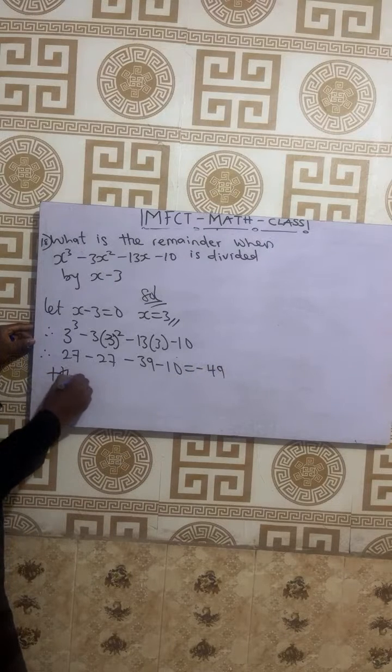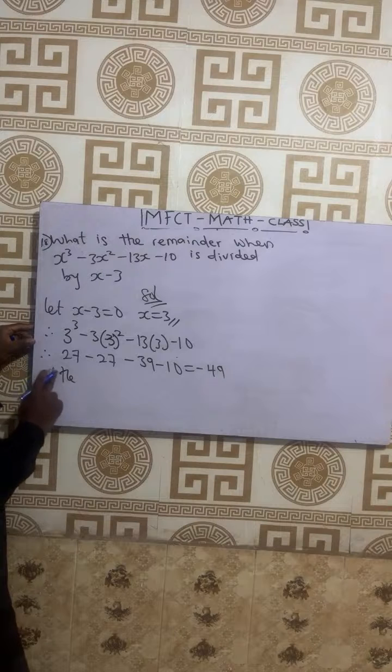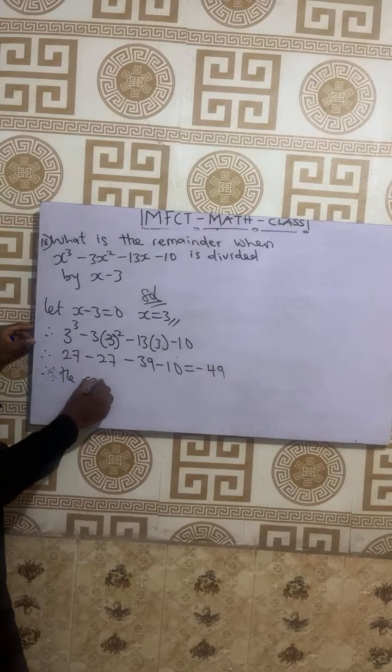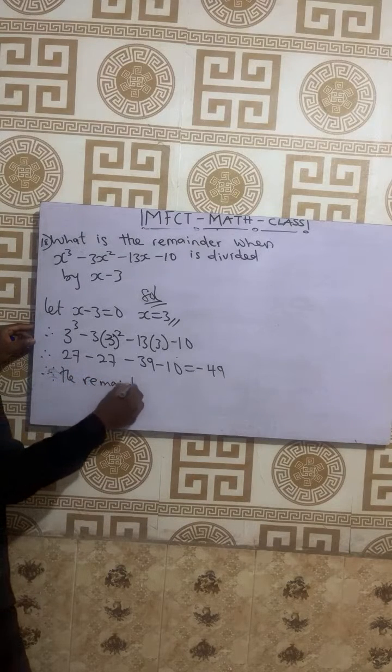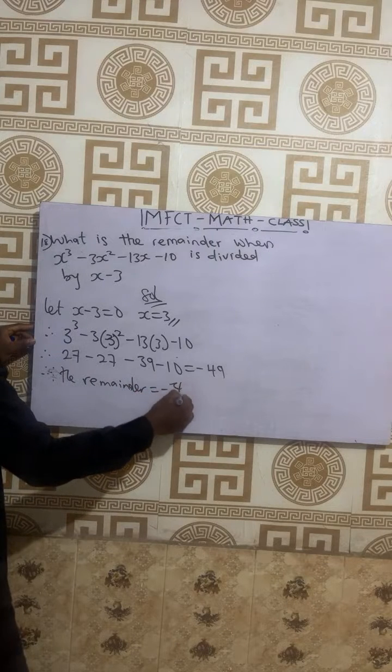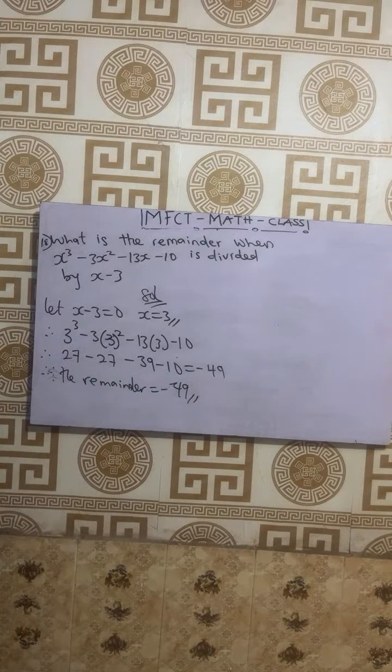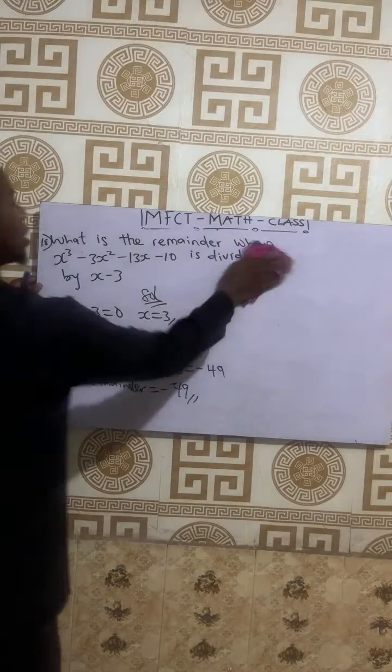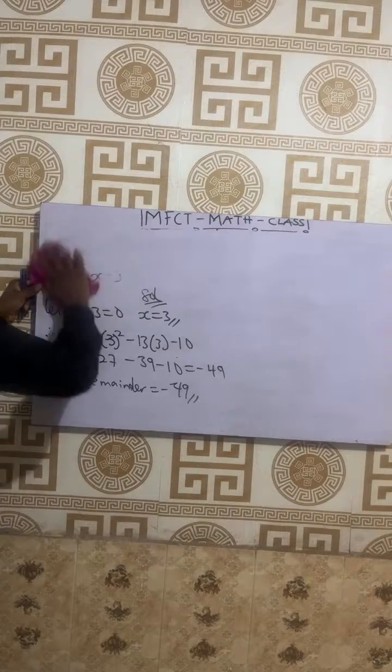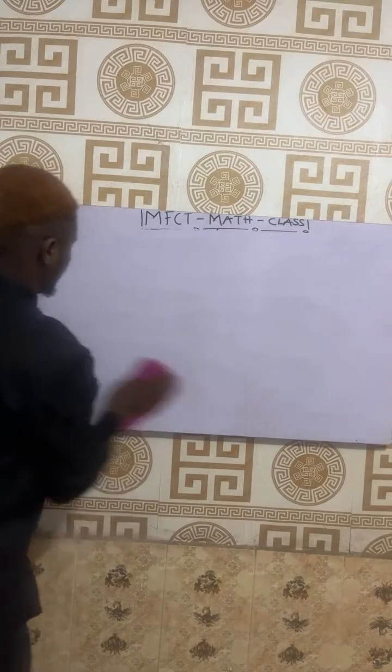The remainder is equals to minus 49. So the remainder is minus 49. Okay, let's look at another example, guys.